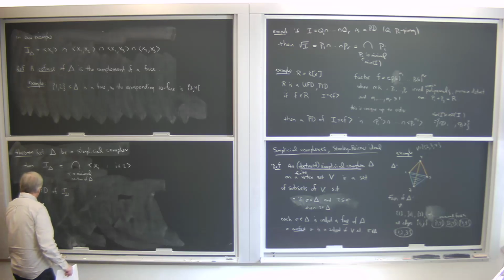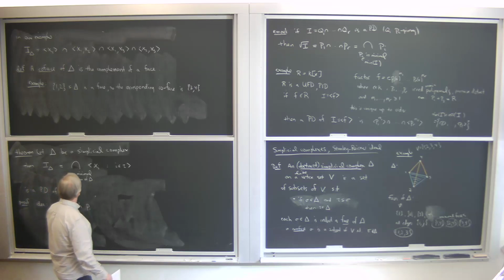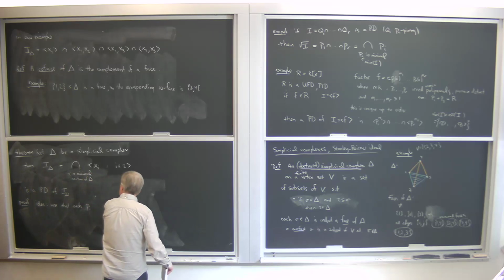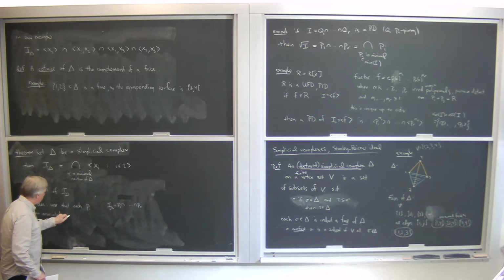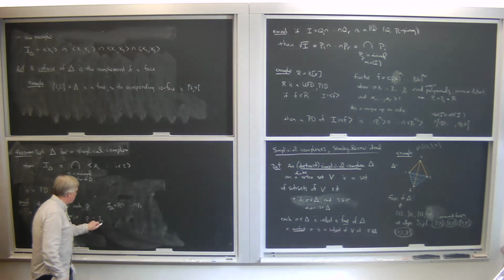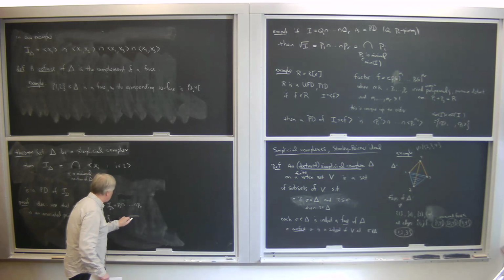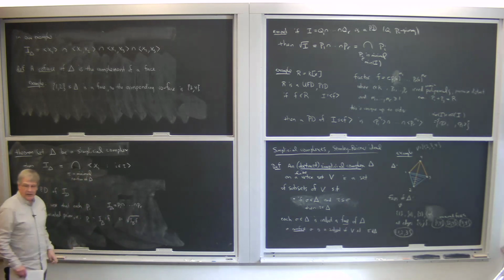So the idea is to use that each P sub i, if I delta is equal to P1 intersect through PR, is an associated prime, i.e. that Pi will equal I delta colon some F, or is the radical of I delta colon F. Let's just say F, each Pi will have a different one.